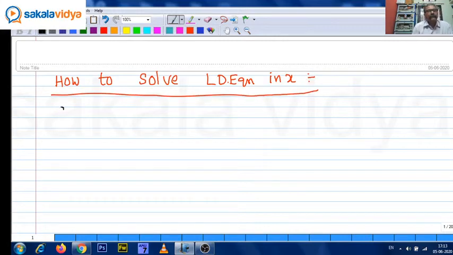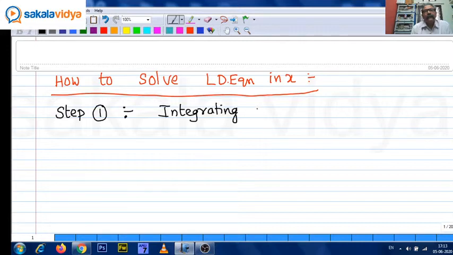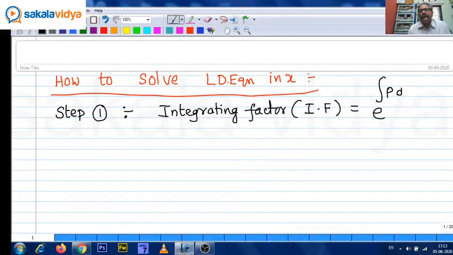Step 1: first we need to find the integrating factor. Shortly we can write IF. IF is equal to e to the power of integral p dx. P is a function of x or a constant also. So that is IF.